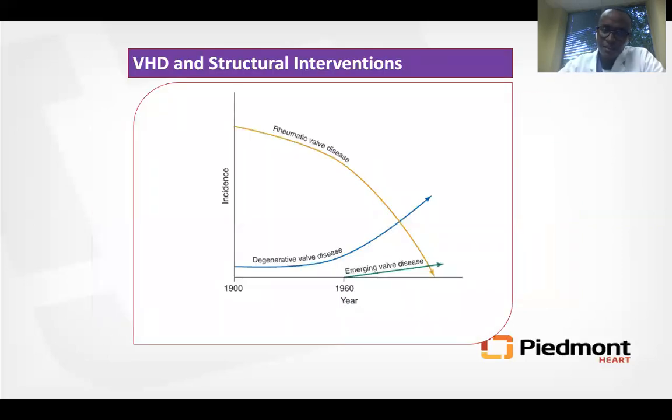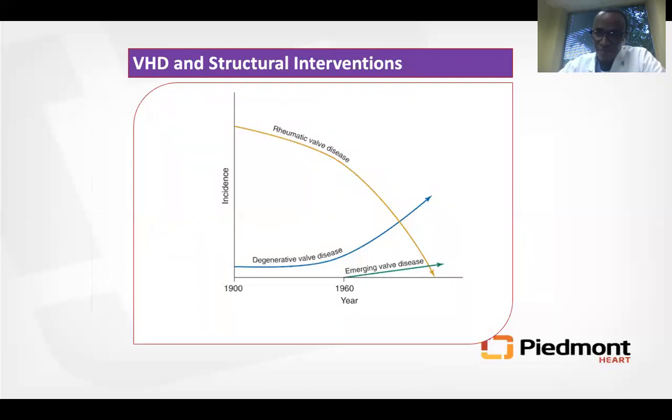If you look at valvular heart disease and structural interventions, the incidence of rheumatic valve disease is on the decline globally. However, this kind of precipitous decline has not been shown yet in the developing world. We don't see rheumatic heart disease that often in this country.